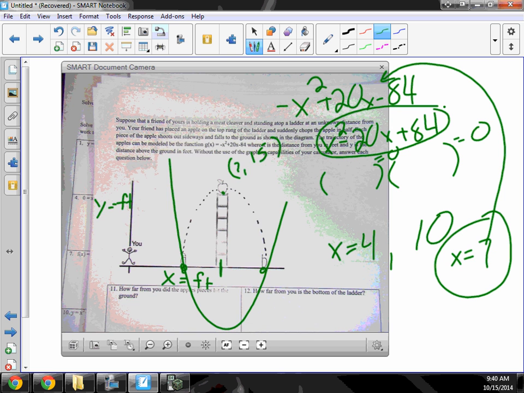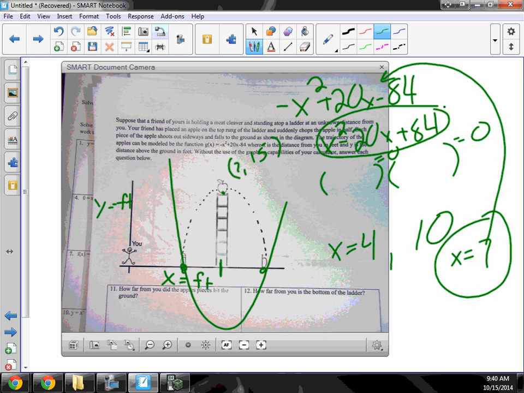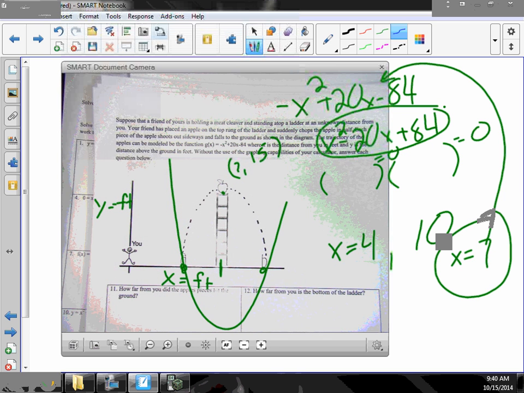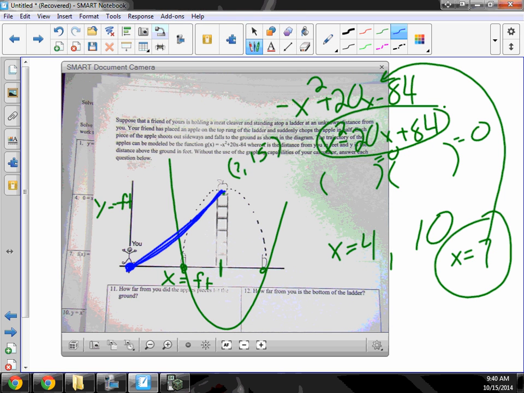The next question asks, how far is it from where you are standing to the top of the ladder? So it wants to know, how far is it from there to there? How would you figure that out? You could use the distance formula, which is essentially the Pythagorean theorem. So you have a right triangle. What is the bottom leg of that right triangle?